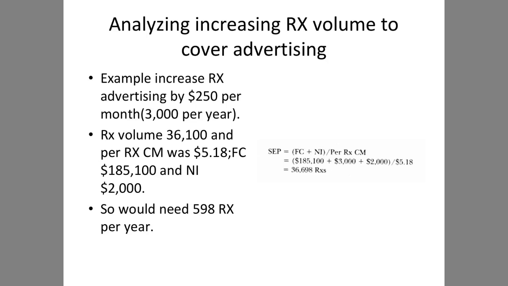Also, you can use this to analyze the increase in prescription volume needed to cover advertising. As an example, if we increase our prescription advertising by $250 per month, that's $3,000 per year. If our current RX volume is 36,100 and our contribution margin per RX would be $5.18, our fixed cost is $185,000 and our income would be $2,000.